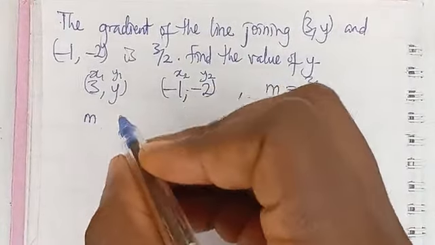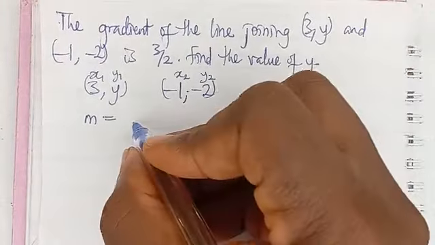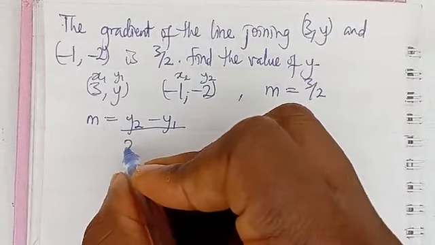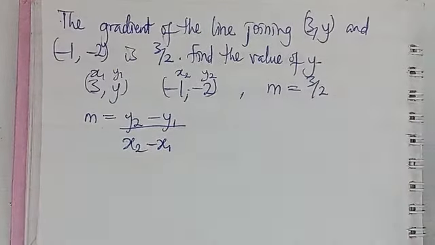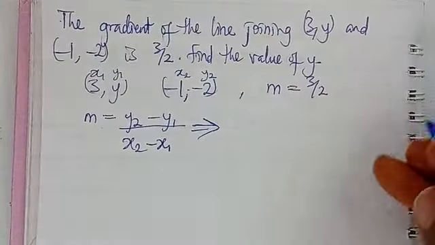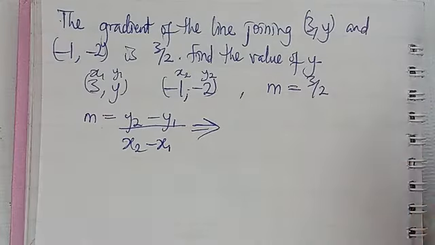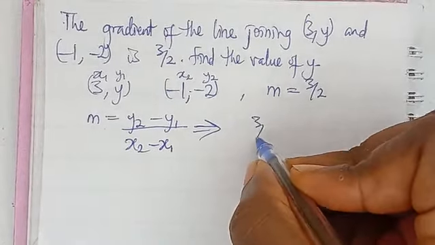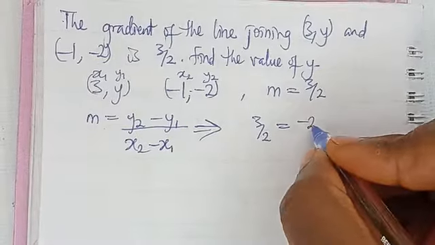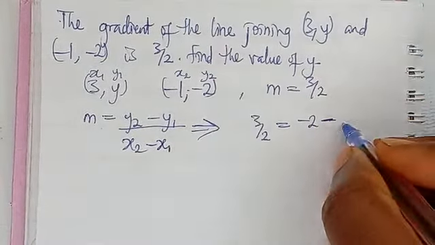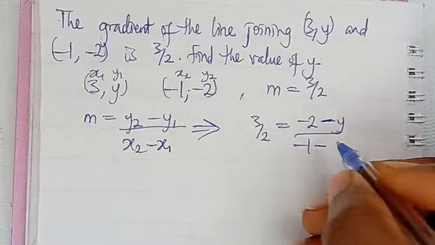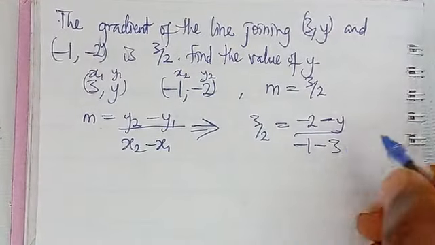So we write down the formula that the gradient of a line is equal to y2 minus y1, which represents the increase in y, over x2 minus x1, which represents the increase in x. So let's substitute. For substitution, m, which is 3 over 2, is equal to y2, which is -2, minus y1, which is y, over x2, which is -1, minus x1, which is 3.